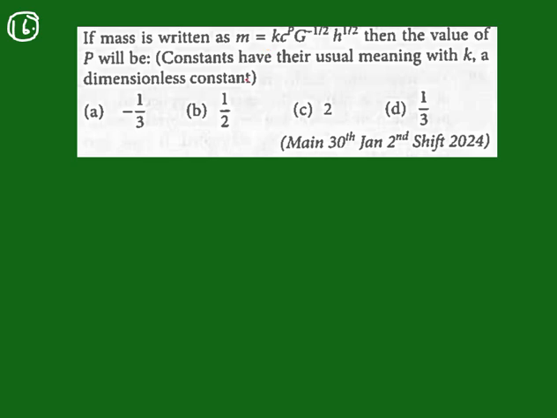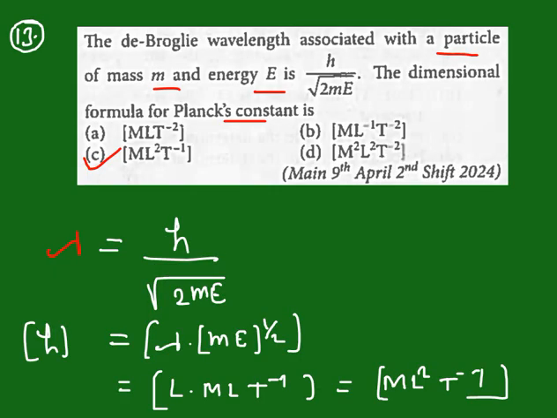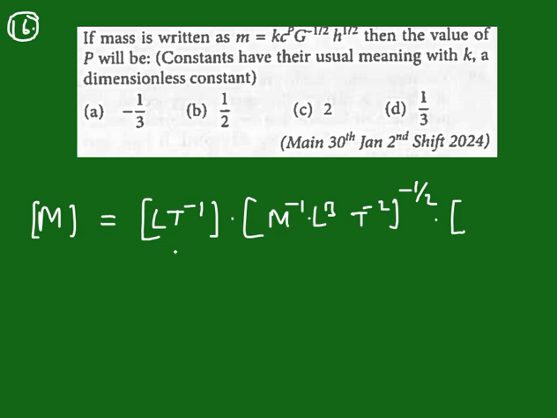Question number 16, if mass m, then the value of p will be like, this is also a very simple question. Mass m, m is the mass, k is just a constant, c is the velocity of light, lt minus 1, g is the universal gravitational constant, m minus 1 L3 t minus 2, to the power minus 1 by 2, and I am able to recall we have calculated the dimension of h just now, ml2 t minus 1, Planck's constant.